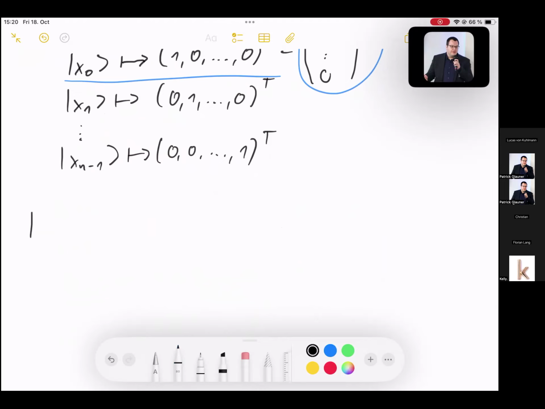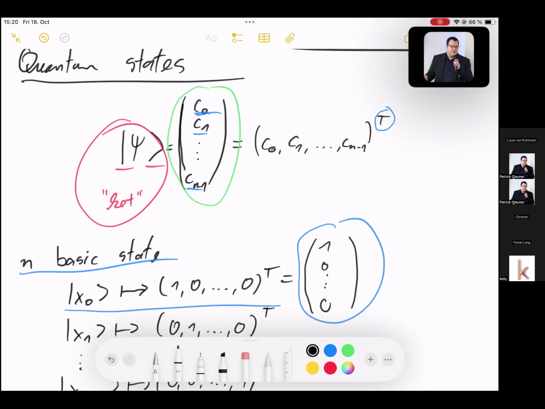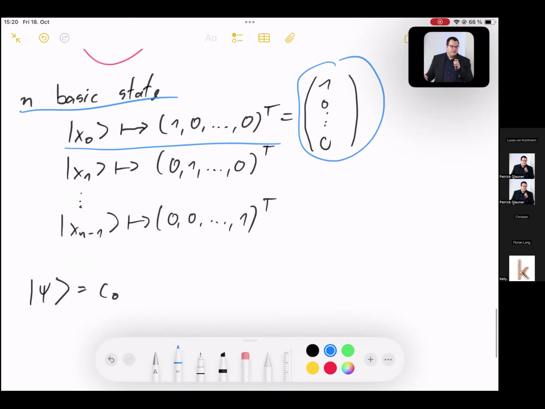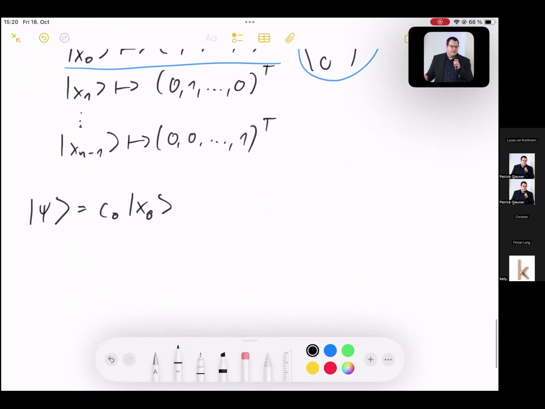We have our psi ket. We saw the first element up here was C0, which is some complex number. And we take this complex number C0 and multiply it with x0 ket, which is the first basic vector.